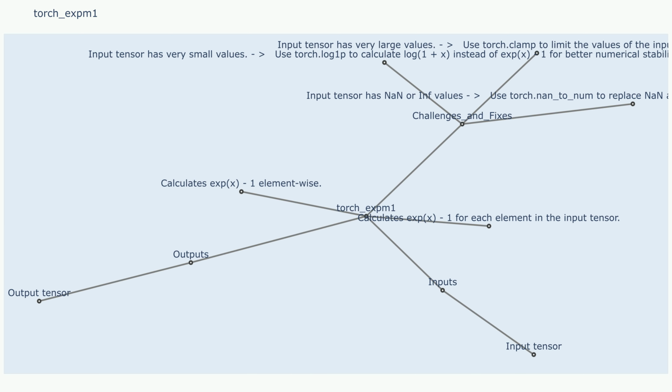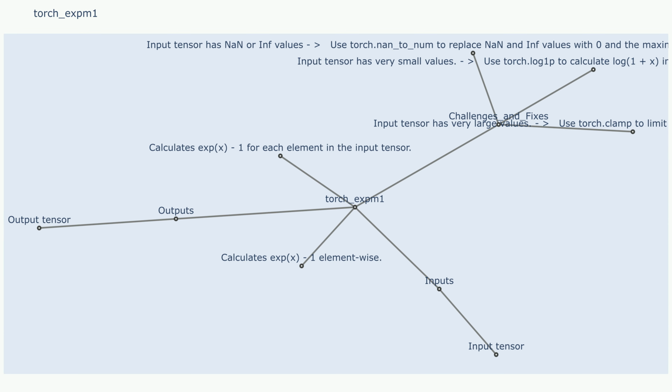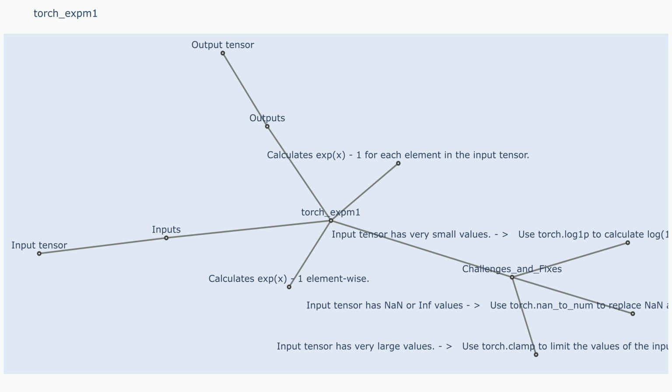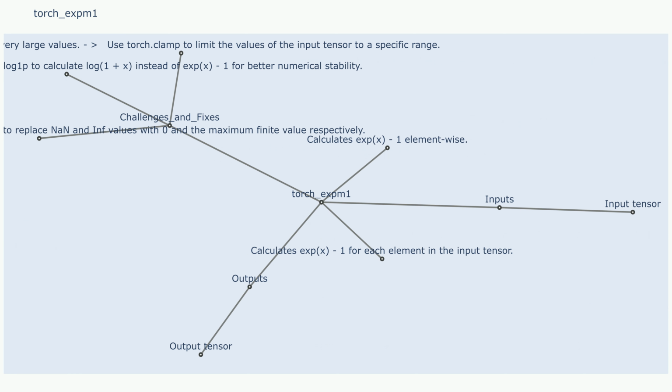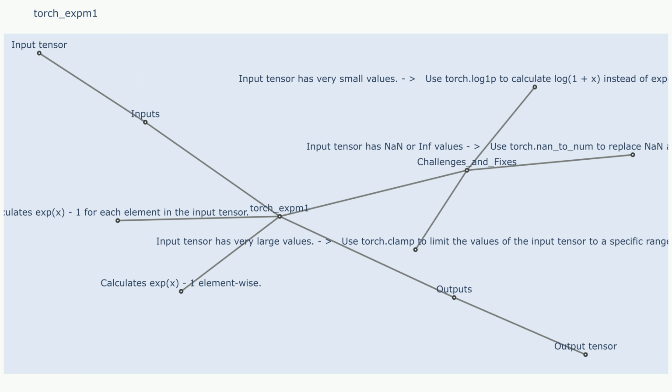torch.expm1. Description. Calculates the exponential of the given input tensor element minus 1. Inputs. Input: a tensor of any shape containing the input values for which to calculate expm1. Outputs. Output: a tensor of the same shape as the input, containing the element-wise calculated values of expm1.